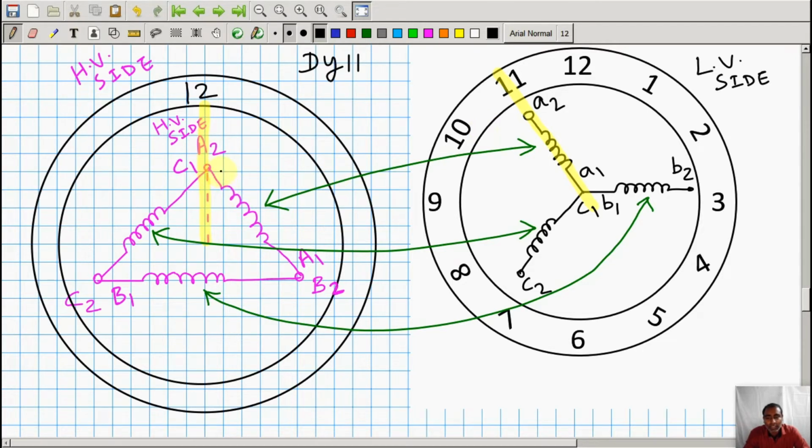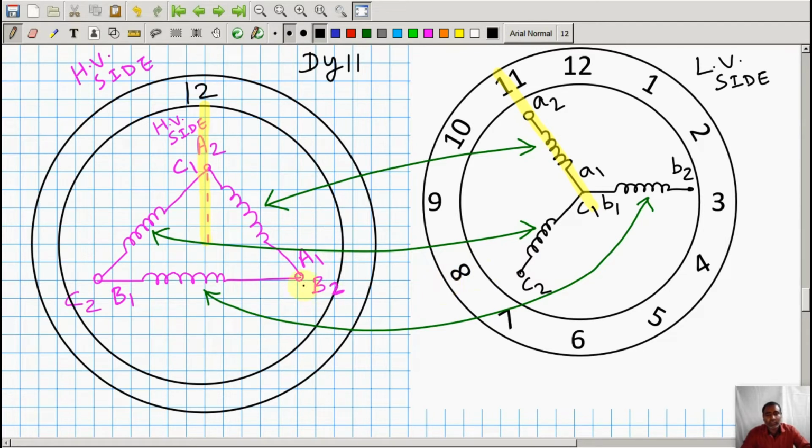The way it is shown here, capital A to capital A1 is parallel to small a to small a1. Capital A to A1 means HV side phase A winding, and small a to a1 means LV side, low voltage side, phase A winding. The same goes for phase B and C.